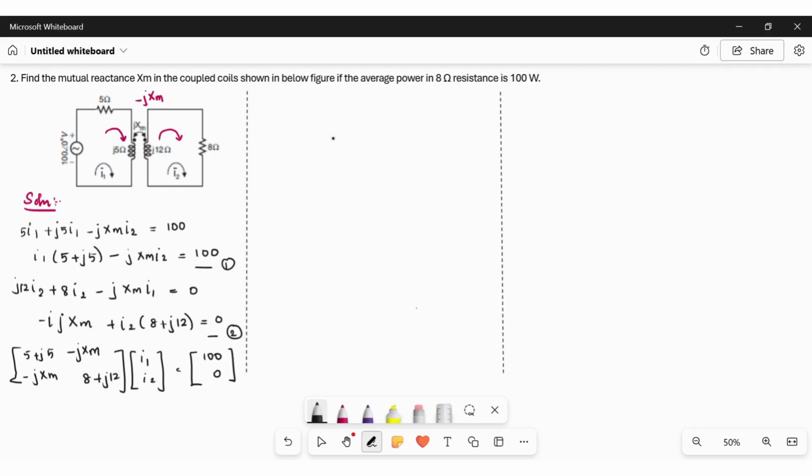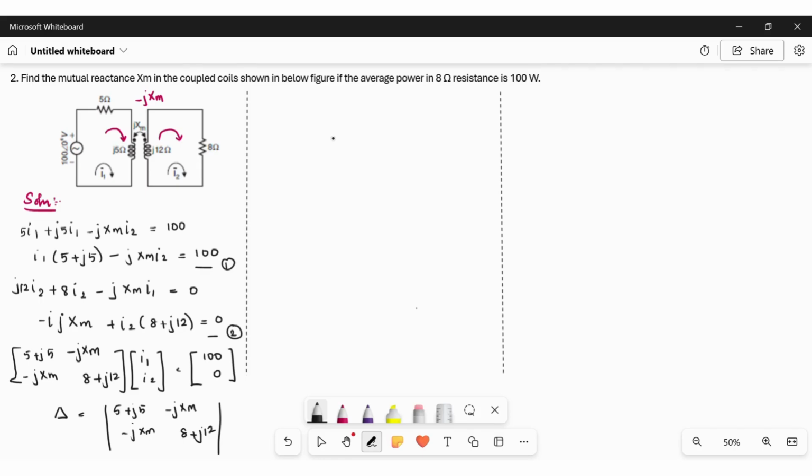Now we have to solve this through Cramer's rule. So delta can be given as the determinant of 5 plus j5, minus jXM, minus jXM, 8 plus j12.